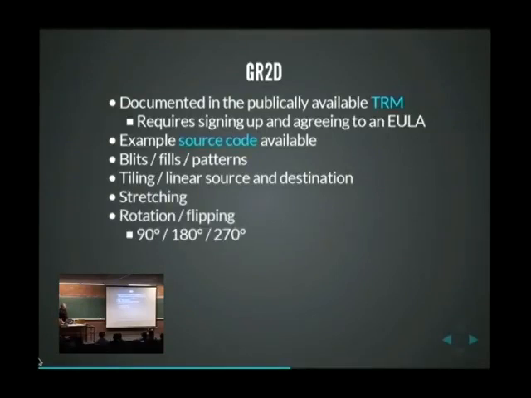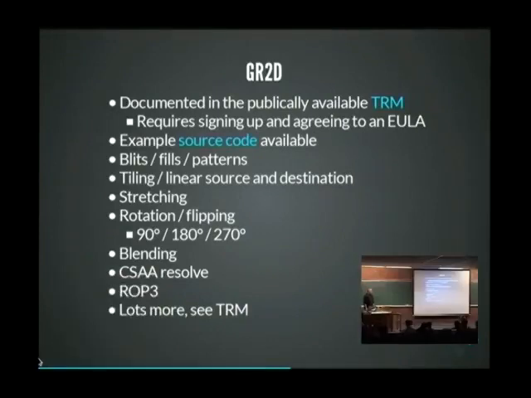It can do stretching, rotating, flipping, but only multiples of 90 degrees rotation. Some kind of blending, and coverage sampling anti-aliasing resolve, which is quite interesting, I think. It can do ROP3, lots more. It's capable of doing all of the 2D operations from OpenGL, so it can do full blending, both with stencil masking and with scissoring and all of these things. So it's quite capable.